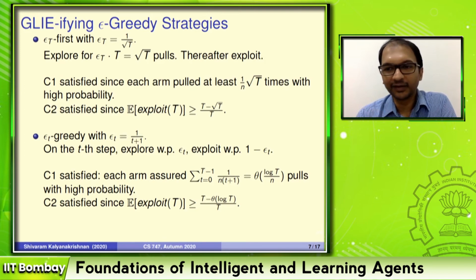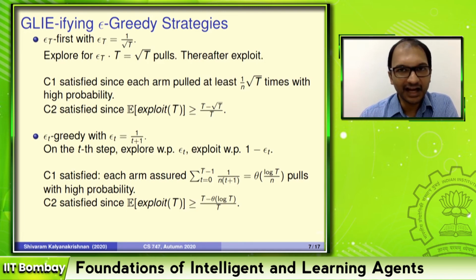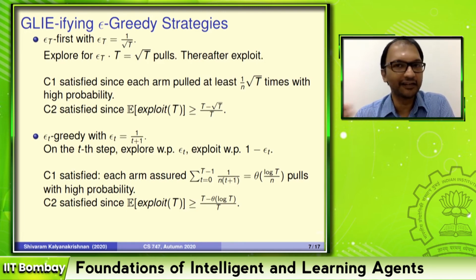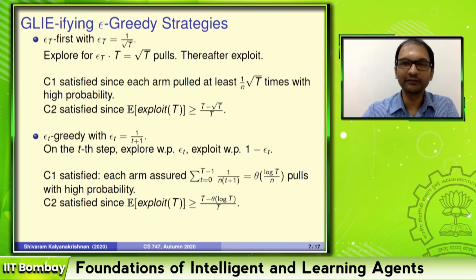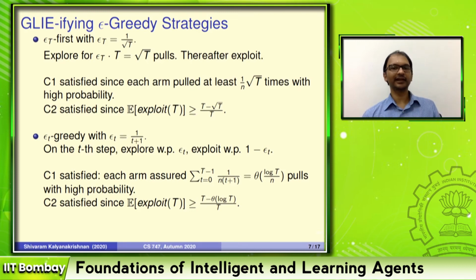This is the harmonic sum. It's going to be theta of log t. Maybe there's a small constant associated, but nevertheless, each arm is going to get at least theta of log t divided by n pulls with high probability. And this number as t goes to infinity goes to infinity. So log t is a slow growing function, but it will still go to infinity as t goes to infinity.